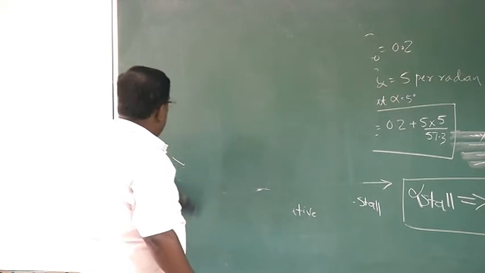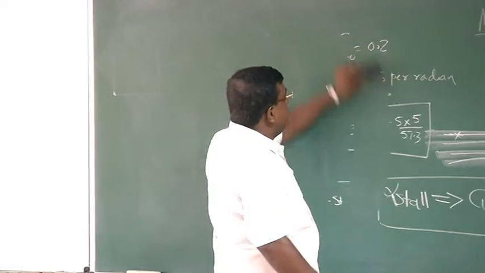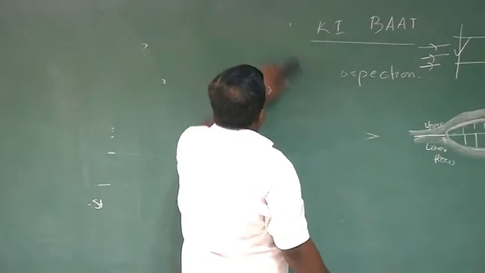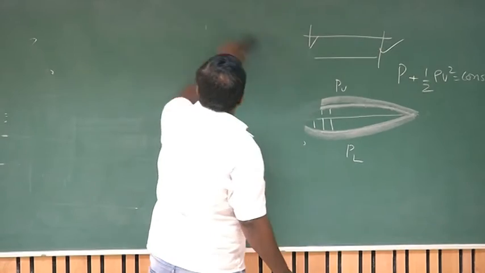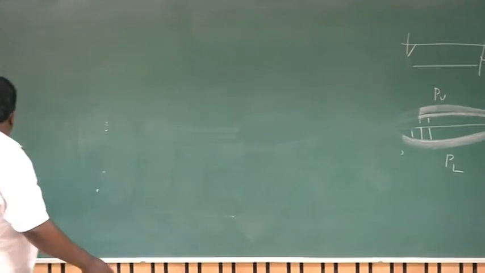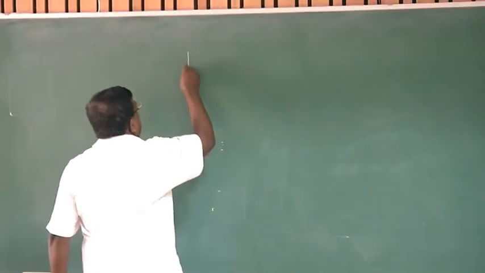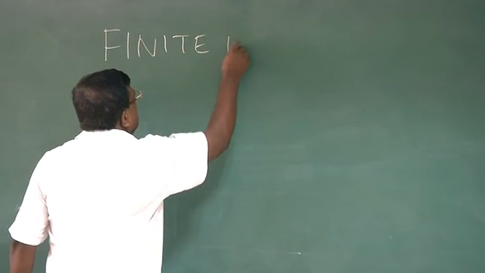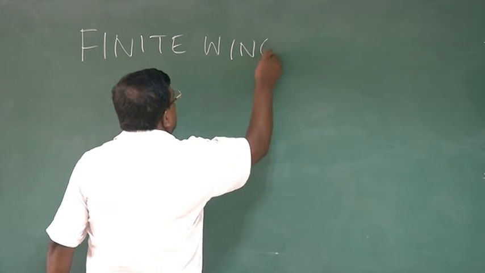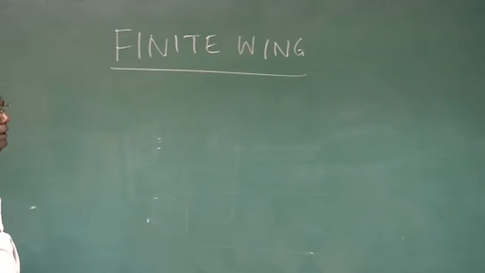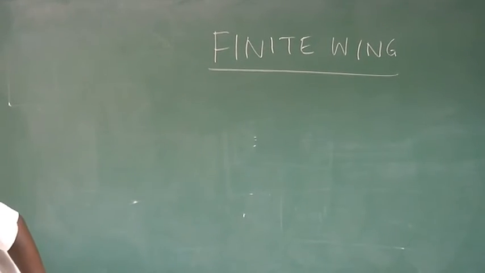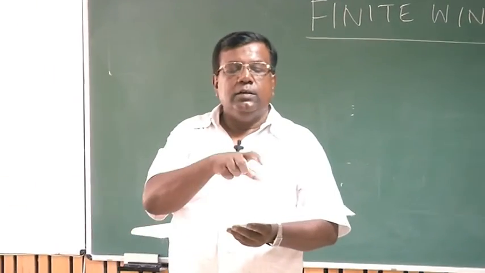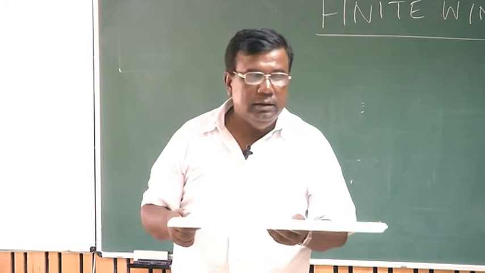After this, from aerofoil, we try to talk about wing, and we talk about finite wing. We realized finite wing means this span is not infinite, it is finite.